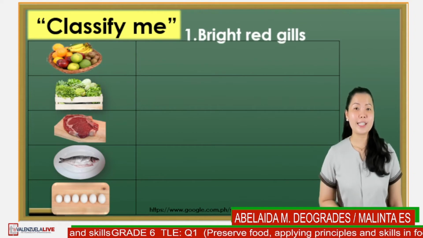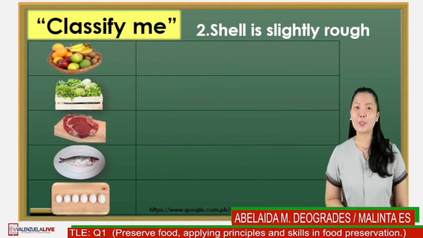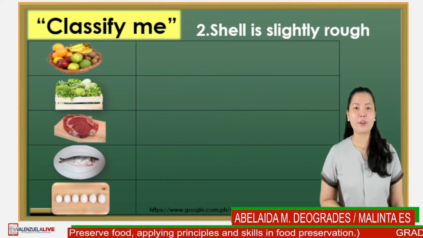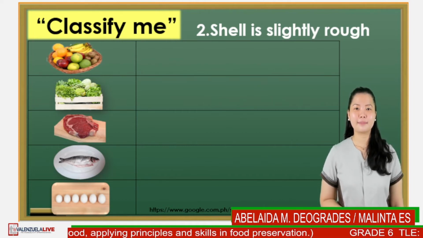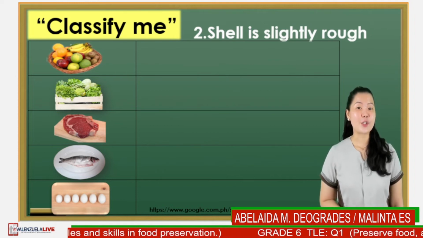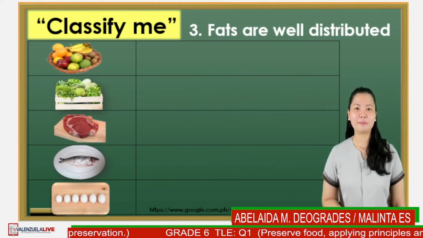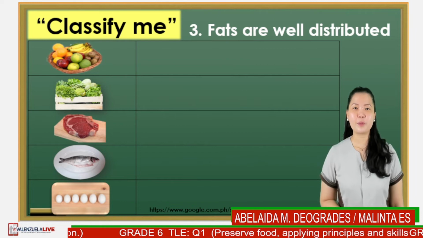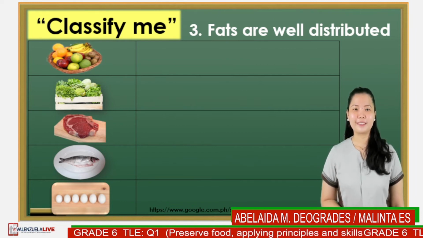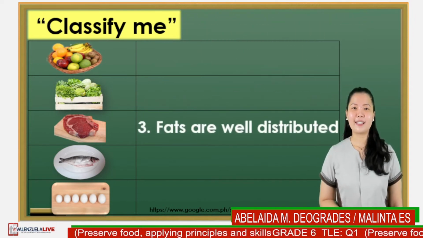The answer is fish. Number 2, shell is slightly rough. The answer is eggs. Number 3, fats are well distributed. The answer is meat.